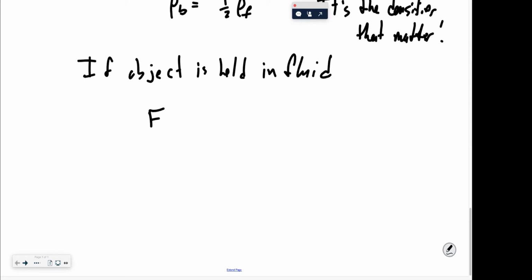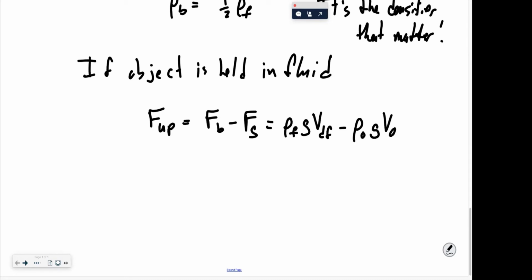So the net force up is equal to the buoyant force minus the gravitational force. If you want the net force down, you just have to reverse those two. And that is equal to the density of the fluid times g times the volume of the displaced fluid minus the density of the object times g times the volume of the object.